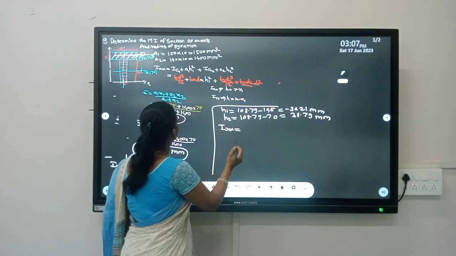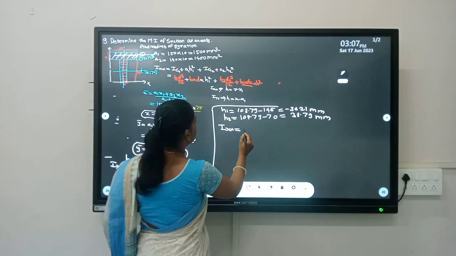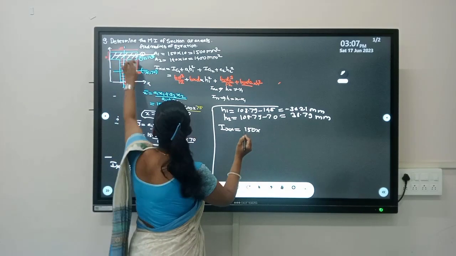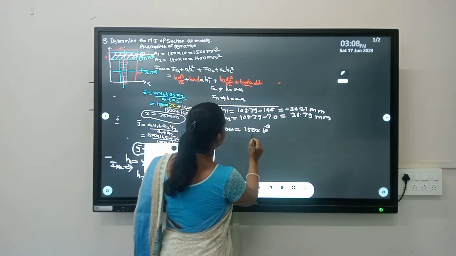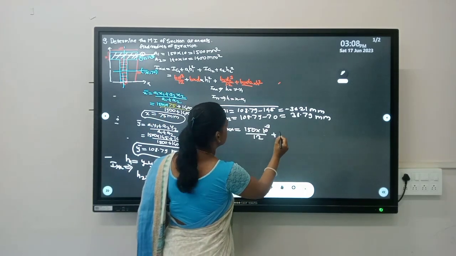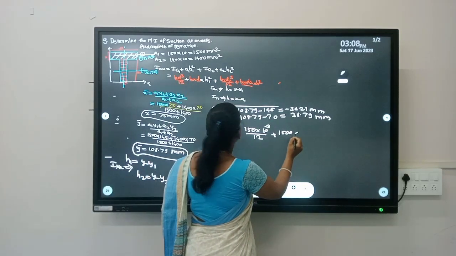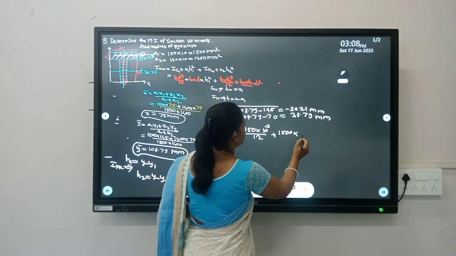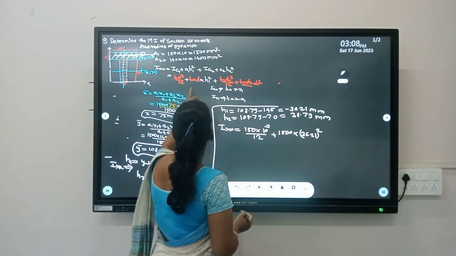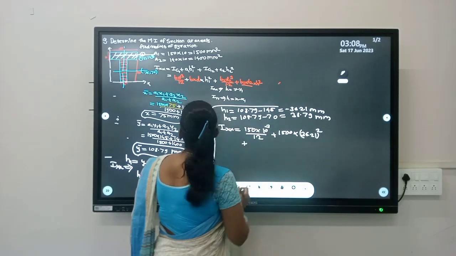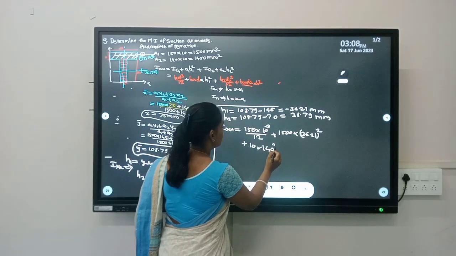Now put all these values in Ixx and calculate value of Ixx. Ixx is equal to BD cube. What is breadth? 150 into depth is 10. So it is cube for 10. Then put divided by 12 plus area of first figure is given 1500 into h1 square, 36.21 square, plus 10 into 140 cube.